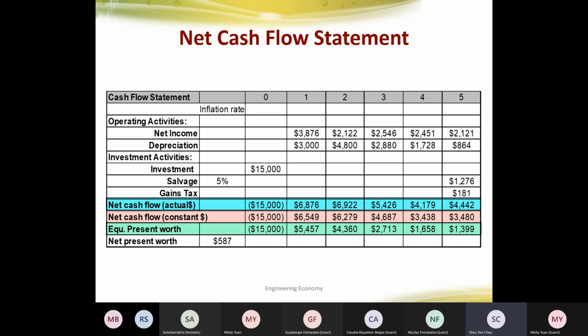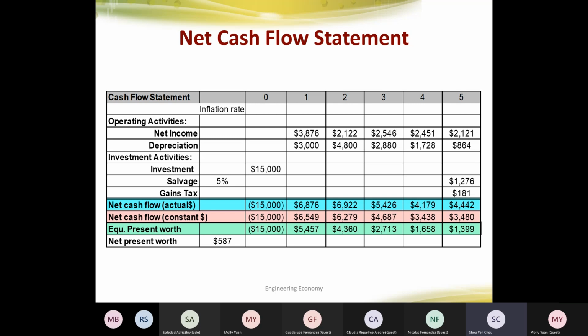Then these are the other factors that we have, and just put them on as we had previously in the example. So we can compute net cash flow in actual dollars. As I said, since we are computing tax, we'll use actual dollars so that we can compute tax. So we get this net cash flow.